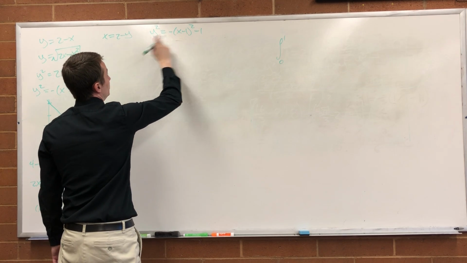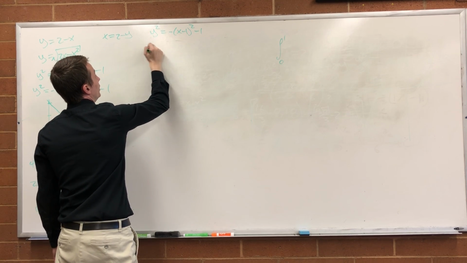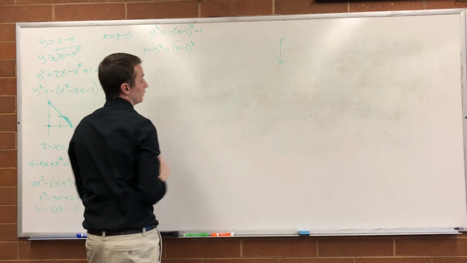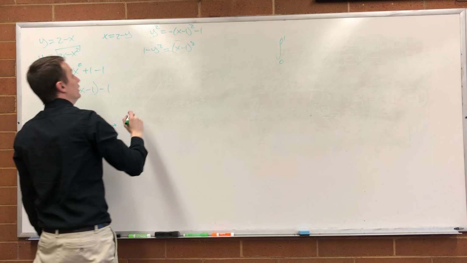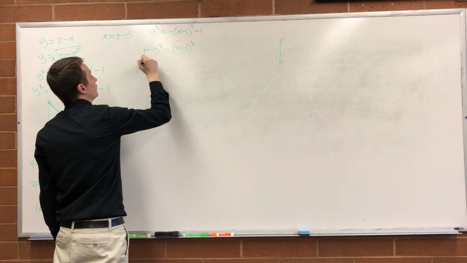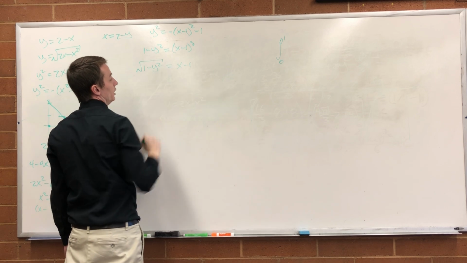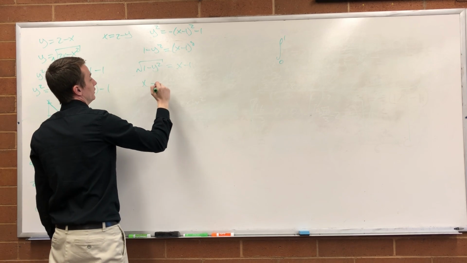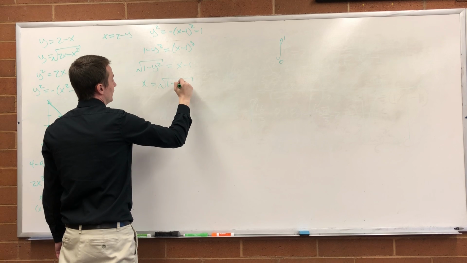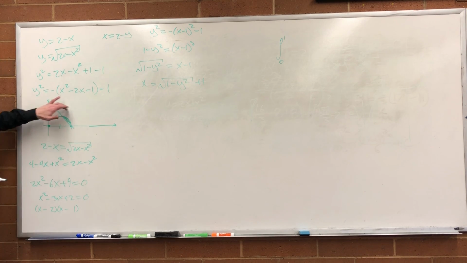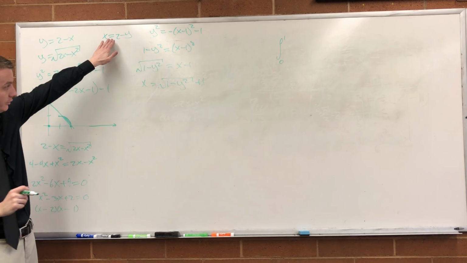Move the negative over, move the 1 over. We get 1 minus y squared is equal to x minus 1 squared. Take the square root of both sides, so we get the square root of 1 minus y squared is equal to x minus 1. So x is equal to the square root of 1 minus y squared plus 1. That's our top function, and here's our bottom function still.